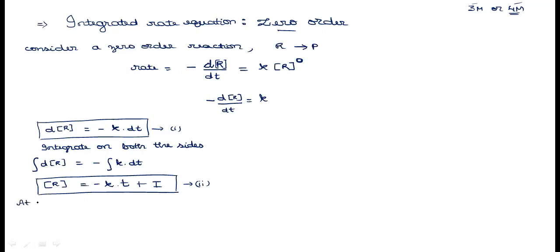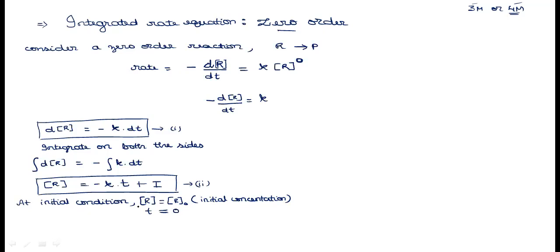That is, at the initial condition, what is the initial condition? When the reaction has not started, the concentration of the reactant will be R naught, which represents the initial concentration. So we'll take R as R naught as initial concentration. Once the reaction has not started, the initial time will be 0 seconds.